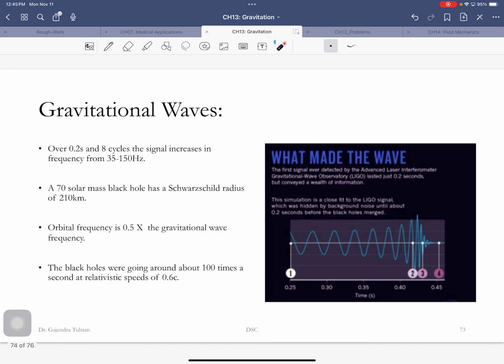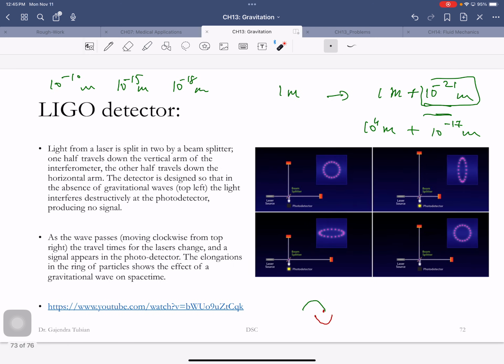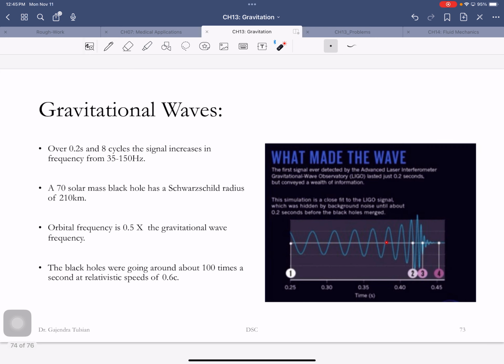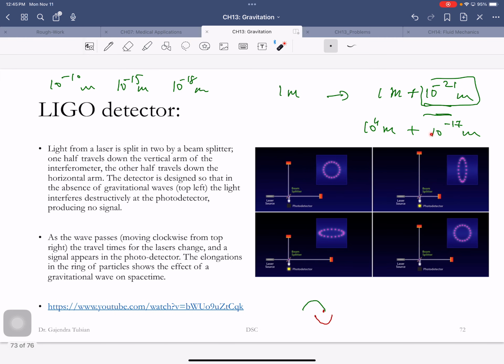Here was brightness. When did this cancellation happen? No brightness happened when it's gone back to the circle. Again, the beams cancel exactly. And you see, just before the merger, the signal is getting brighter and brighter because this distance is slightly increasing.